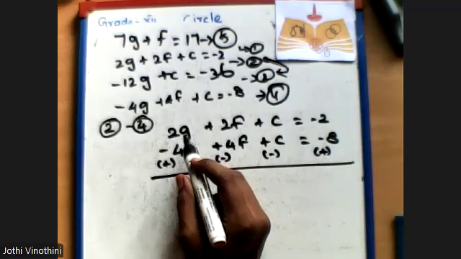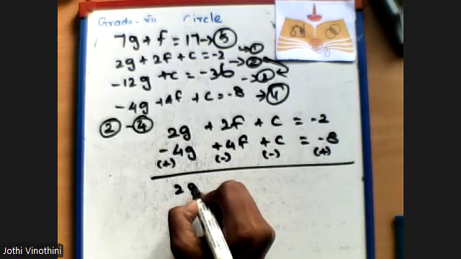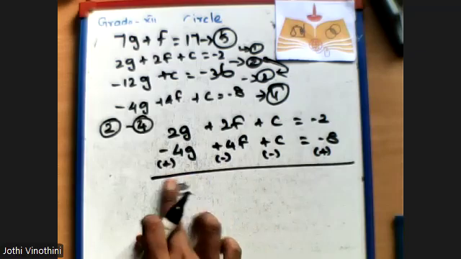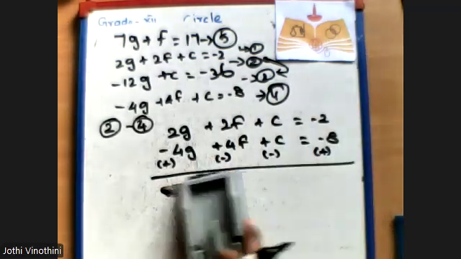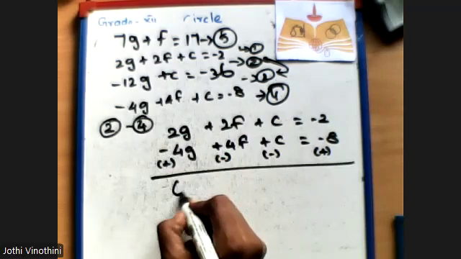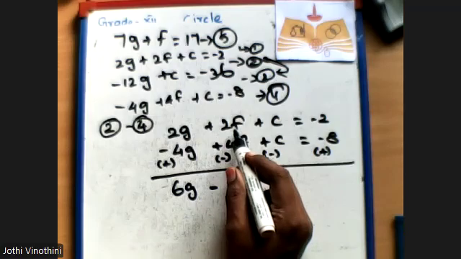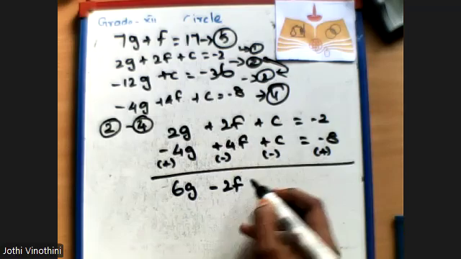Here we have plus 4g and plus 2g, so it will be 6g. Minus 4f plus 2f will be minus 2f.